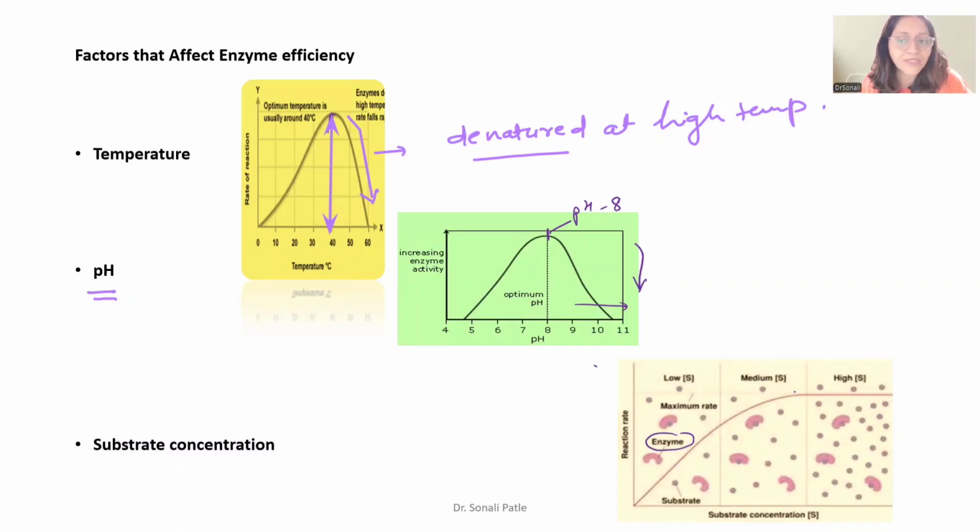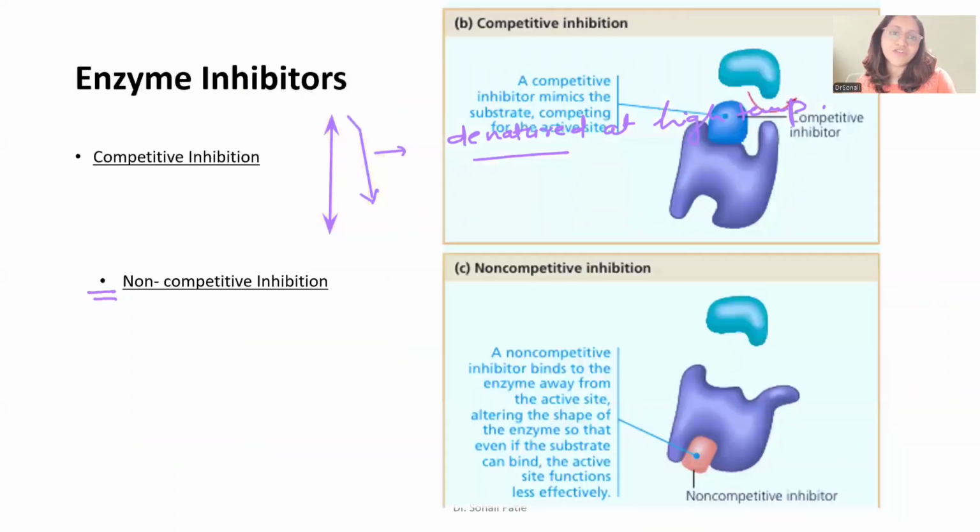So a stage comes where it becomes steady. Why? Because saturation is reached. Beyond a certain limit, beyond an optimum concentration, it becomes stable, right? So these are the various factors which affect the enzyme efficiency.